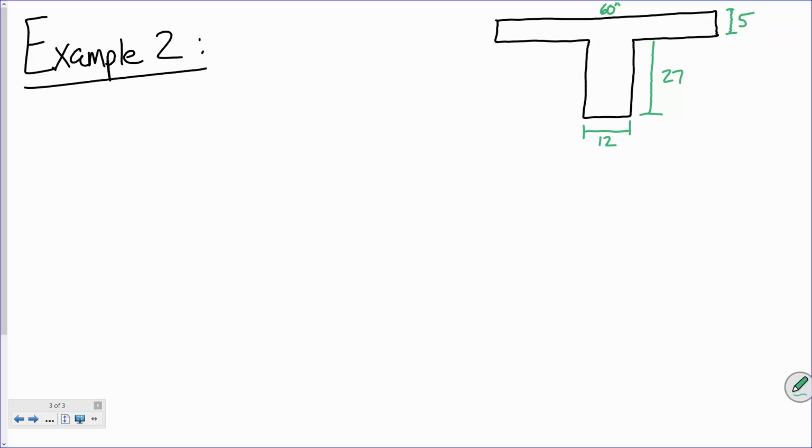Let's see if you all remember this. We're going to take this and split it up into simple shapes. We're going to call this upper part shape 1, call this bottom part shape 2, and we'll reference all our centroidal distances from a common datum. Y'all might need to turn your paper sideways because this table's going to get kind of big.